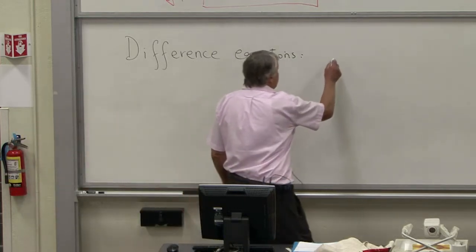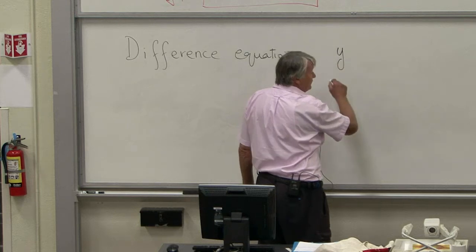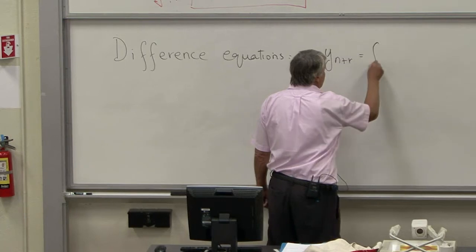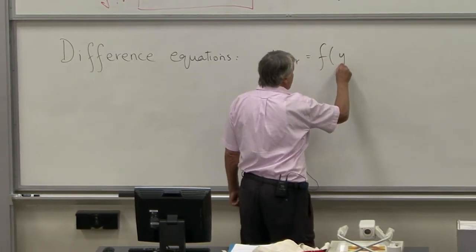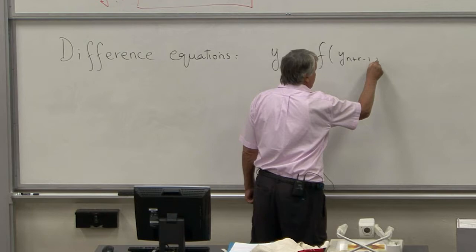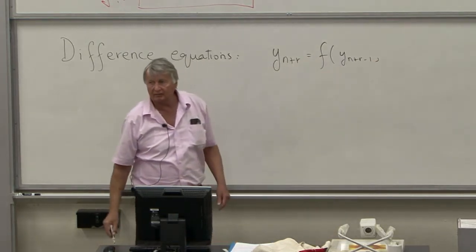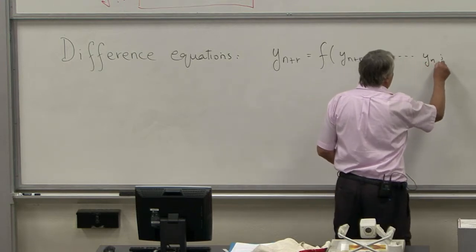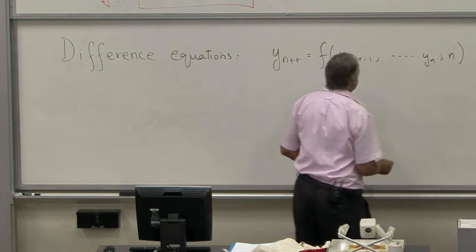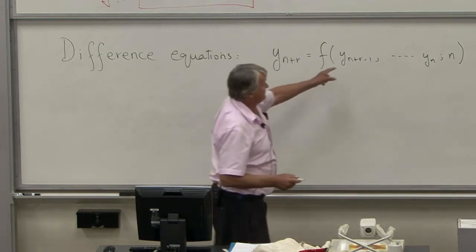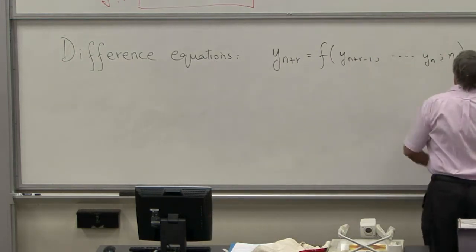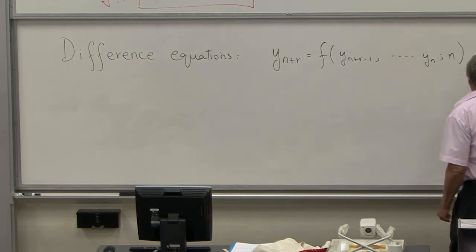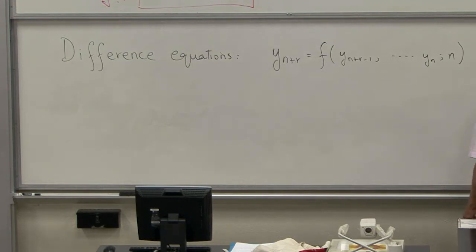So the value of an object at position n plus r could be written as a function of it at the immediately preceding points, maybe all the way down to yn, and it could also depend upon n itself. So this is the analog of this differential equation. Actually, that's a first order equation. This is higher order at the moment, and I'll explain that right now.